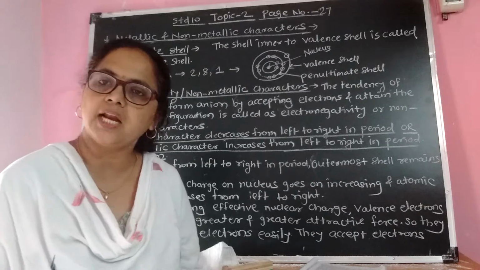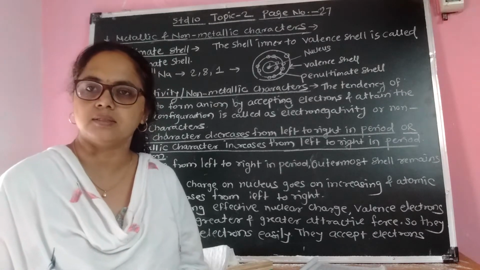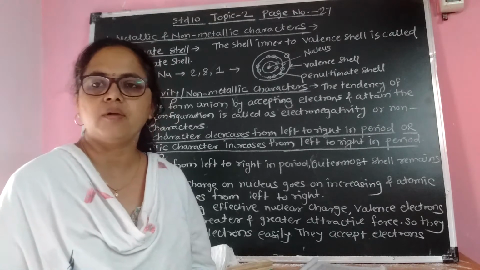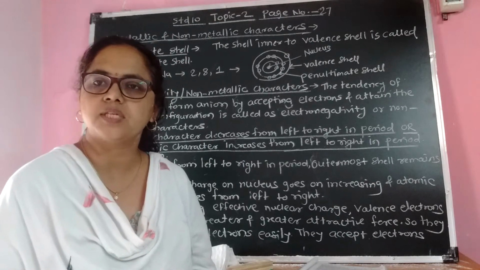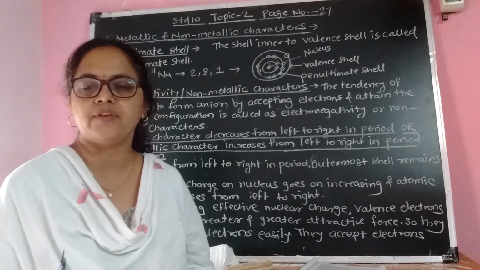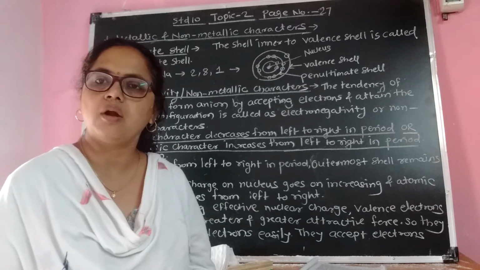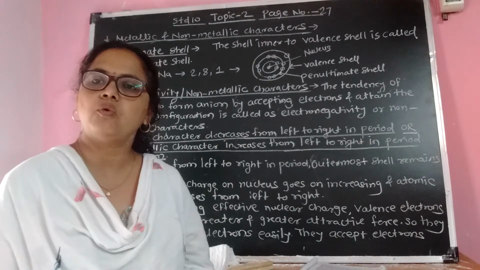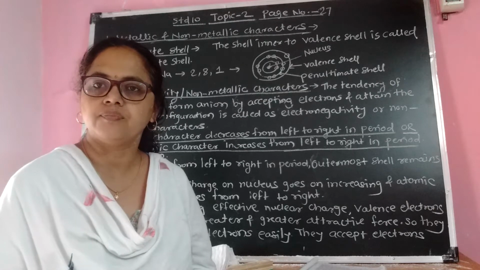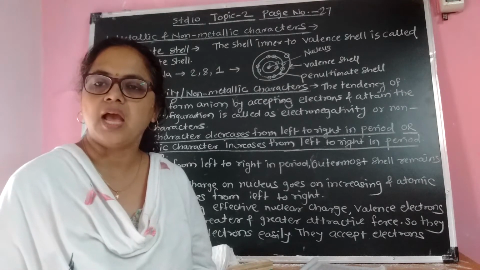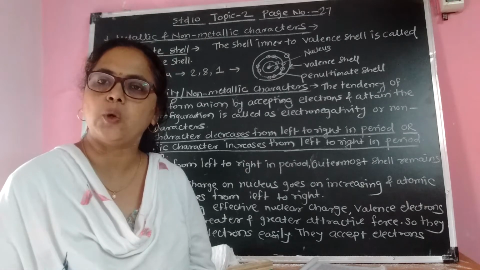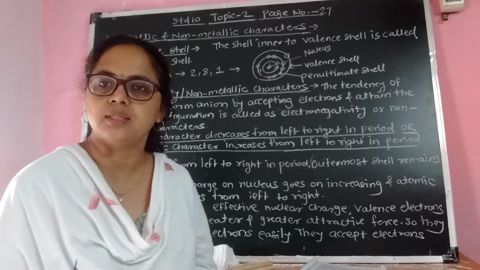Now, the next point is electronegativity or non-metallic character. What is meant by electronegativity or non-metallic character? These two terms are the same. If a question is asked in your exam, write the definition of electronegativity or non-metallic character. You have to write the same definition. Non-metals have a tendency to accept electrons and form an ion, and they try to attain the noble gas configuration.